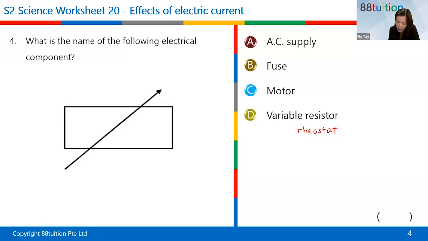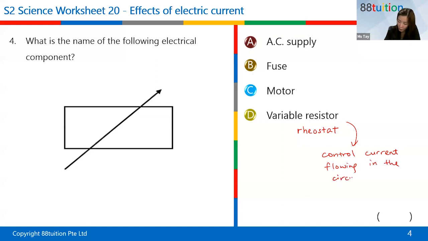Okay, what does the variable resistor do? You can control the current. Not resistance, but actually just control current. So you actually control the current flowing in the circuit.